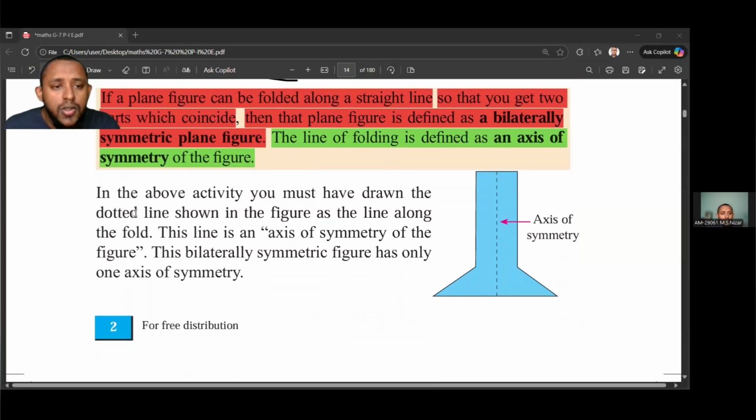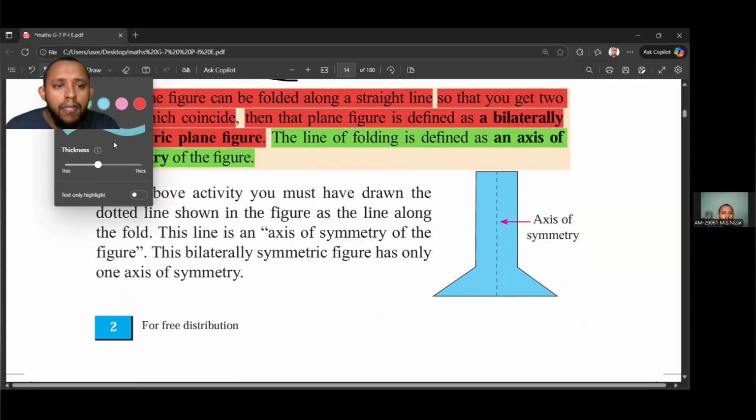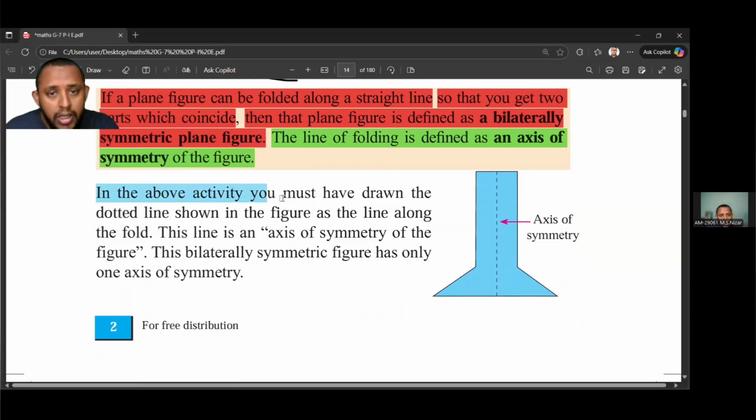So in the above activity, you must have drawn the dotted line shown in the figure. You can see the figure and the dotted line is drawn already, as the line along the fold.